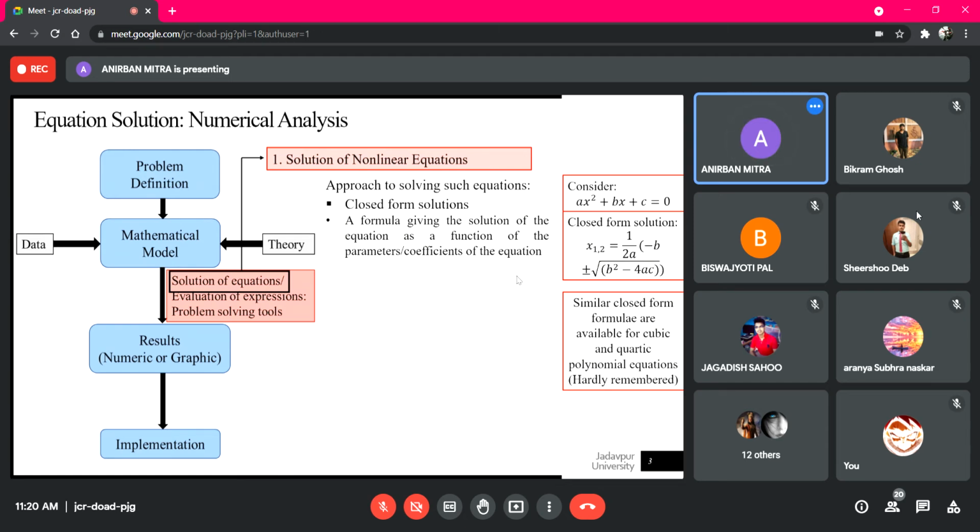However, closed form solutions are difficult to obtain, most of the time. Specifically for higher order polynomial equations and transcendental equations, that means equations containing logarithmic or trigonometric terms.